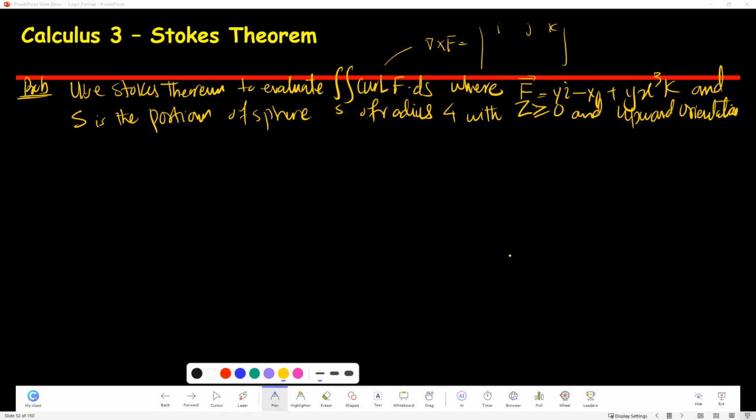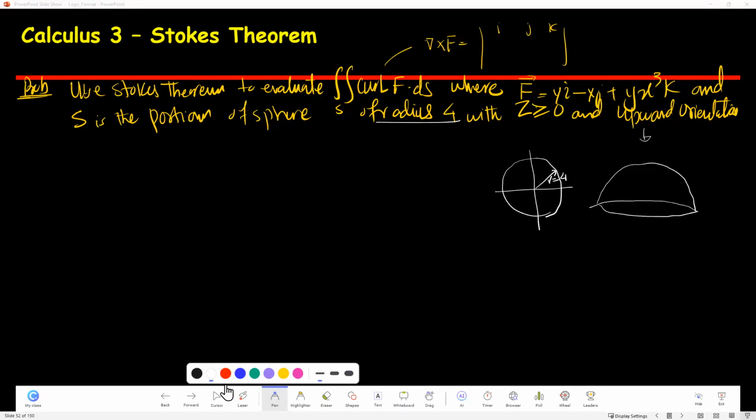Okay, let me just draw a quick diagram for this one. It's pretty much the same kind of shape as the one we discussed earlier. It's like a hemisphere. If you see it from the top, it's going to look like a circle, and it goes up to r equals 4, as given here.